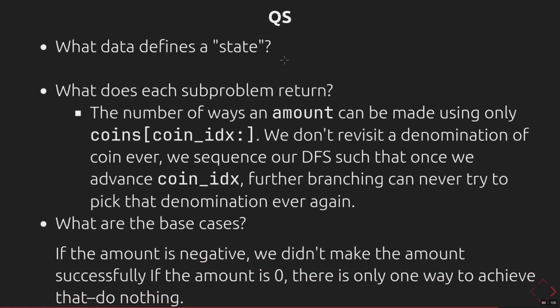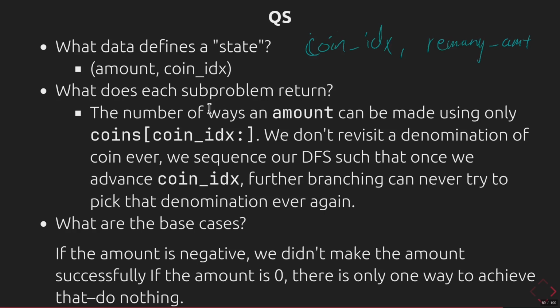There are going to be two things for the recurrence relation that I'm going after. One is the current coin index. Another is the remaining amount. So it's the amount remaining and the coin index. The order doesn't matter in how you define your state.